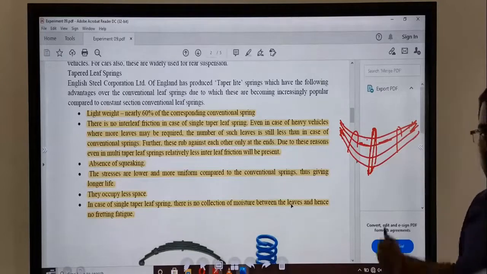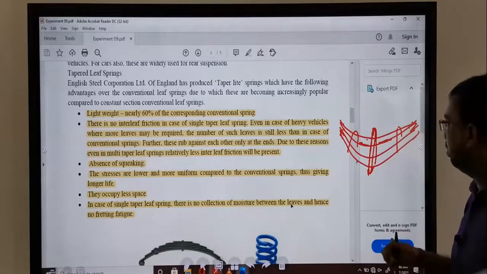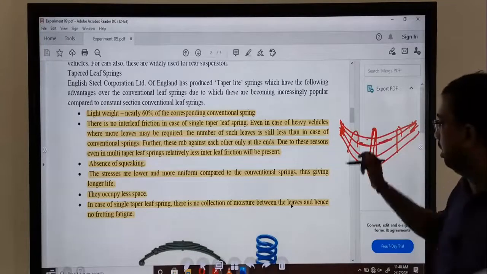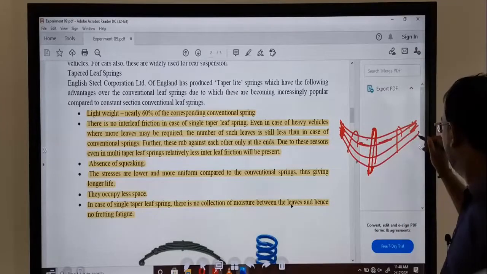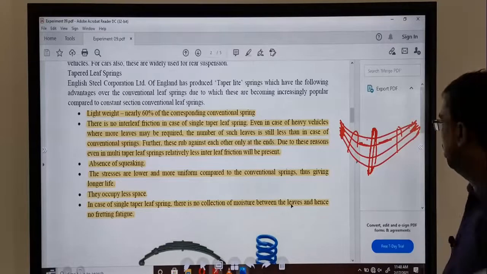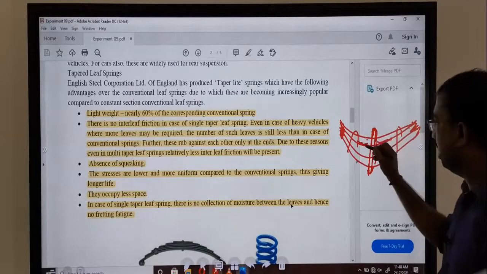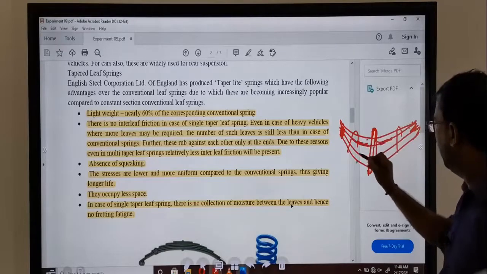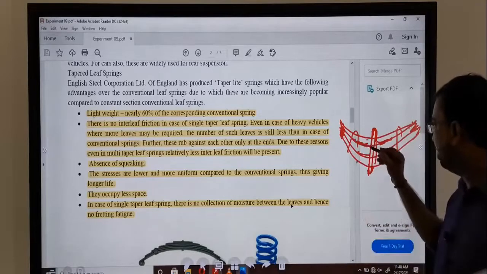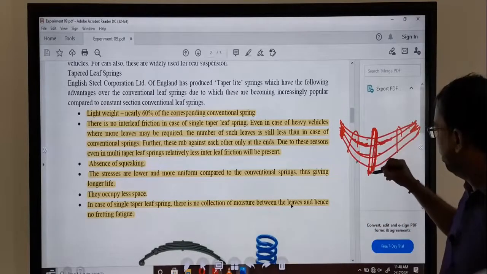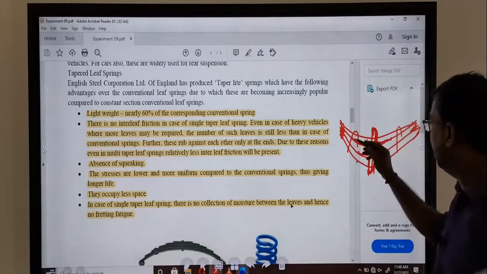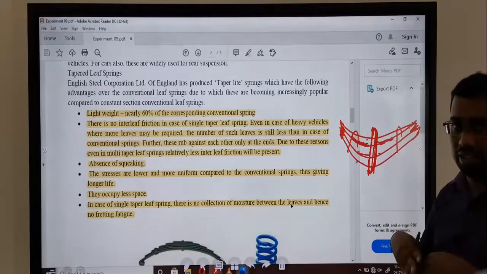There is a trap, that means there is a kind of friction. So these tapered leaf springs don't have much interleaf friction in this area because it is highly compressed by hydraulic power and then held by the center bolt, so there is no movement within it.